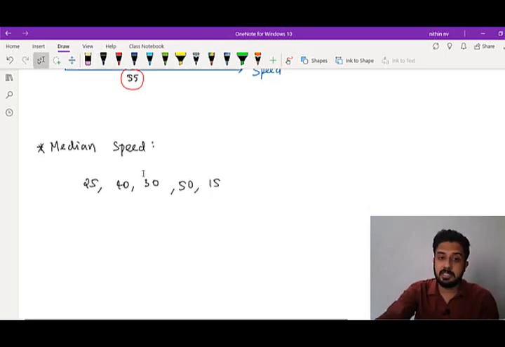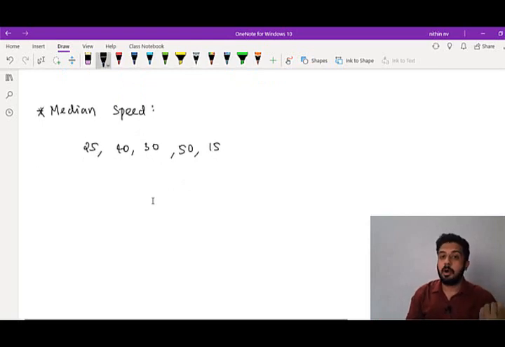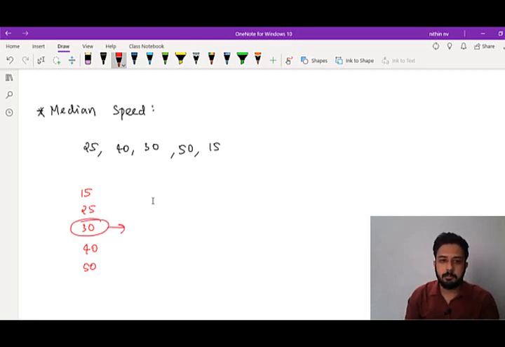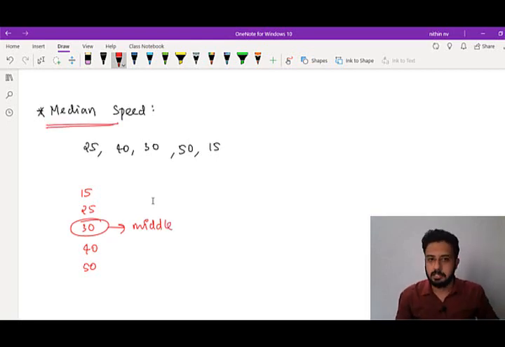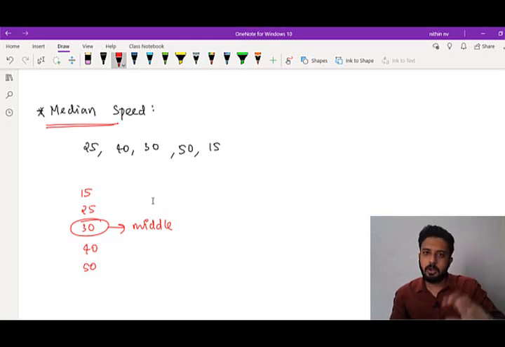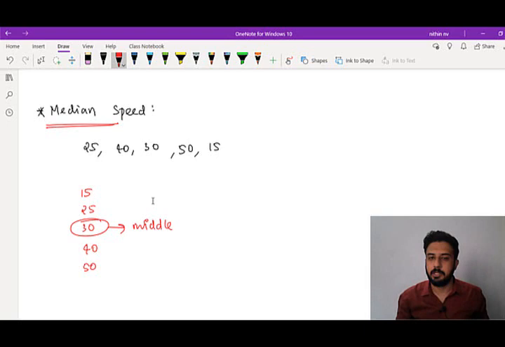Now if I am arranging them in increasing or decreasing order, how will I get the increasing order if I am writing 15, 50, correct? So if I am writing in increasing or decreasing order, whichever is coming in the middle, we call it median speed. Okay, very simple concept. Understood? Increasing or decreasing order, the central value we call it median speed.